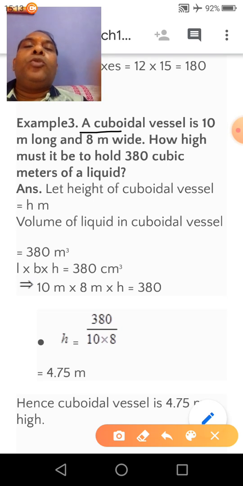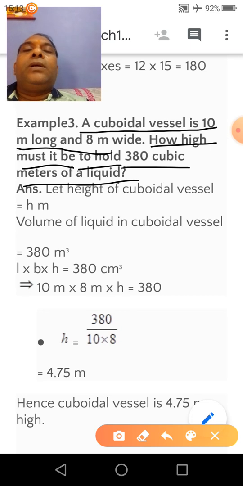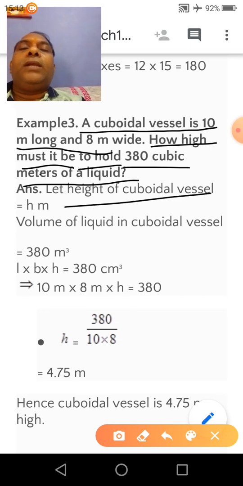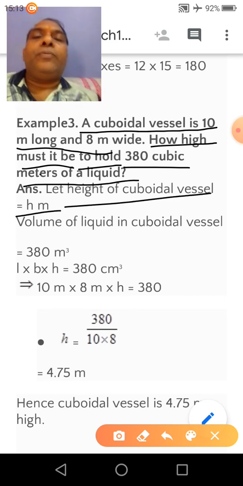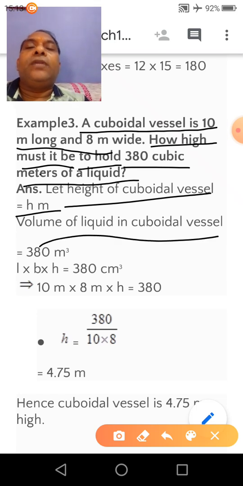A cuboidal vessel is 10 meter long, 8 meter wide. How high must it be to hold 380 cubic meter of a liquid? So let the height of the cuboidal vessel be h meter, and you have to find its height. The volume of liquid in the cuboidal vessel is already given, 380 cubic meter.